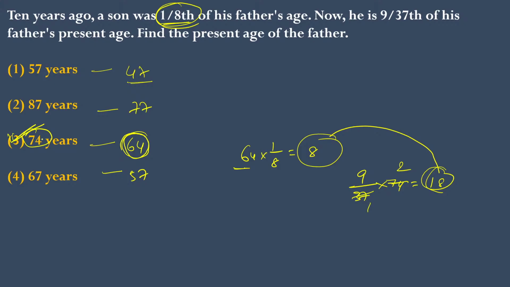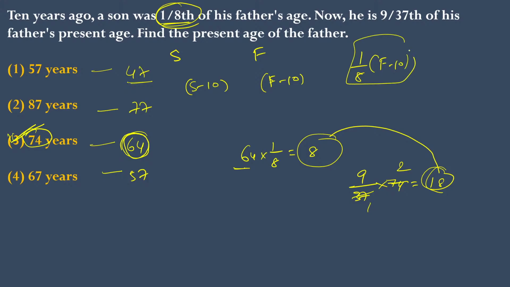So see why I am taking this way. If we solve by the general method, we get two equations. If we take son's age as x and father's age as f, 10 years ago s minus 10 is the son's age, f minus 10 is the father's age, and son's age is 1 by 8 of f minus 10.